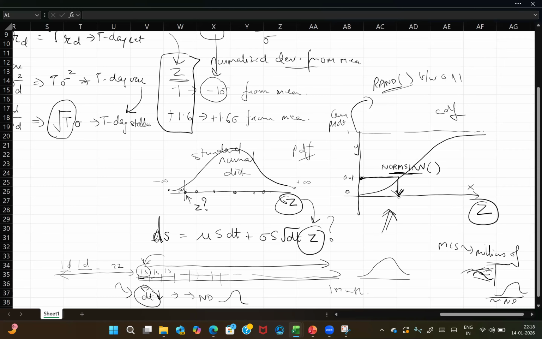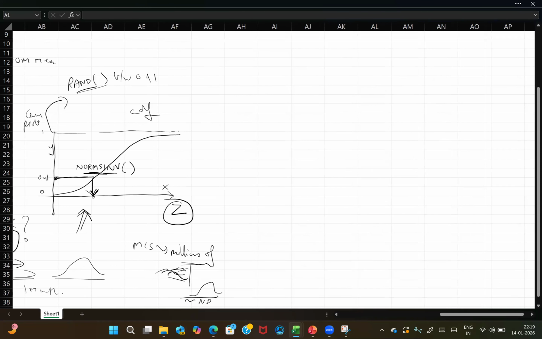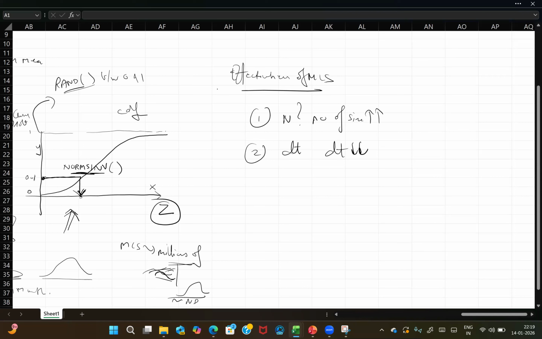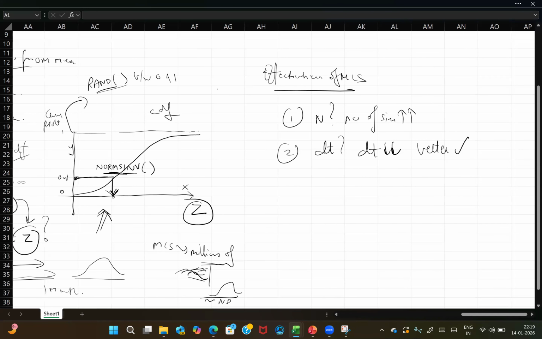So the effectiveness of Monte Carlo simulations is dependent on two things. One is number of simulations. Higher the number of simulations, the better. And second is the interval of time. Lower the interval of time, the better.